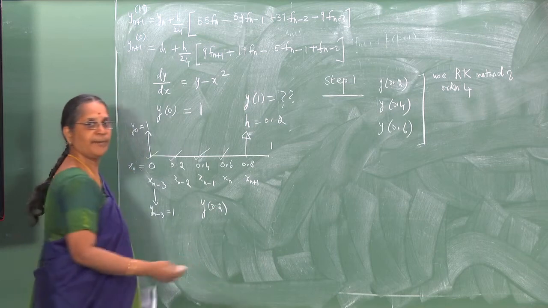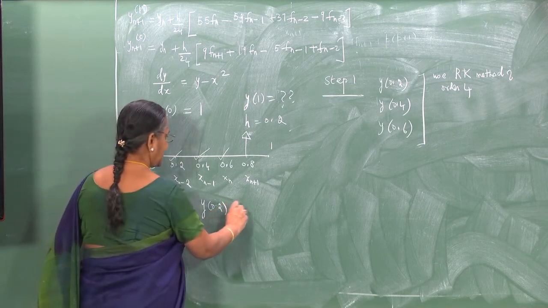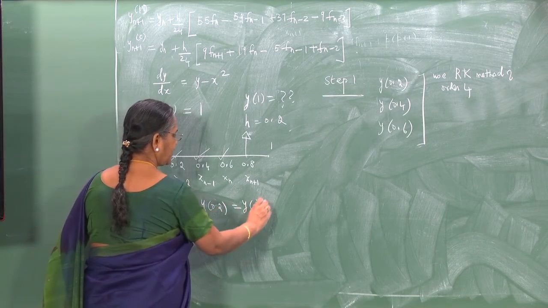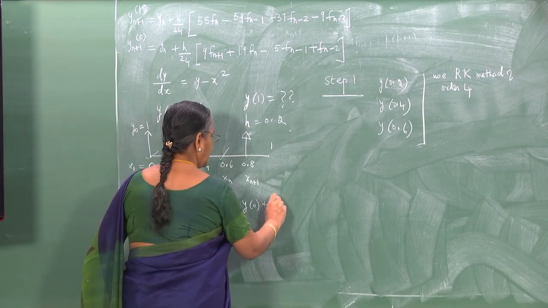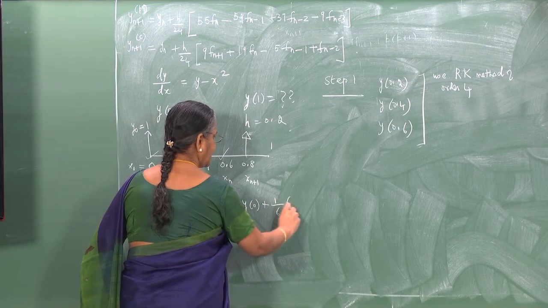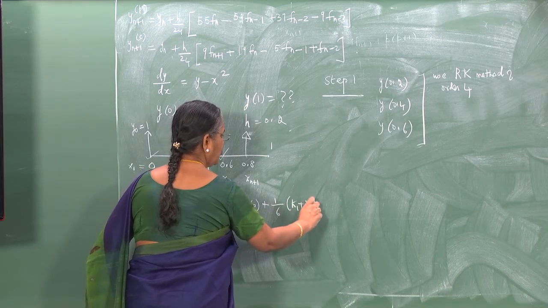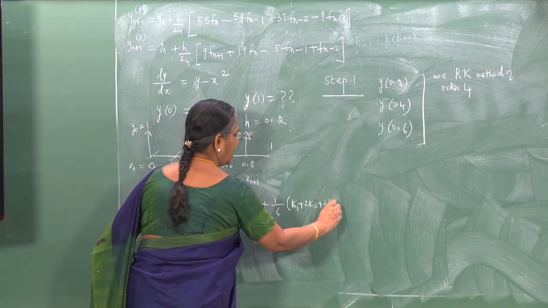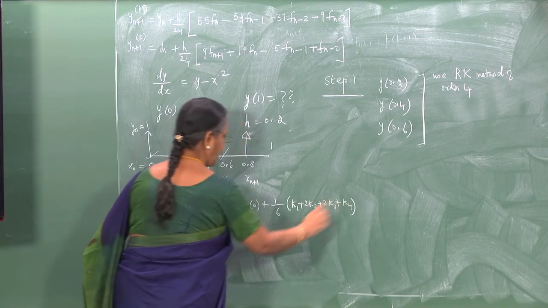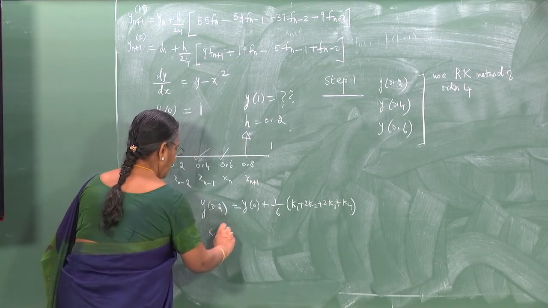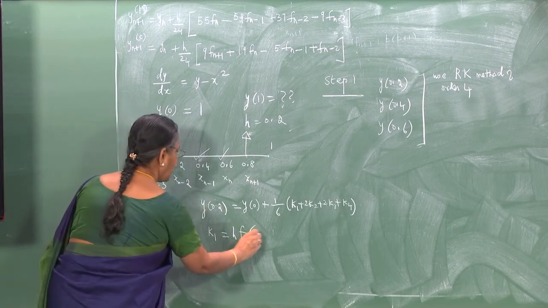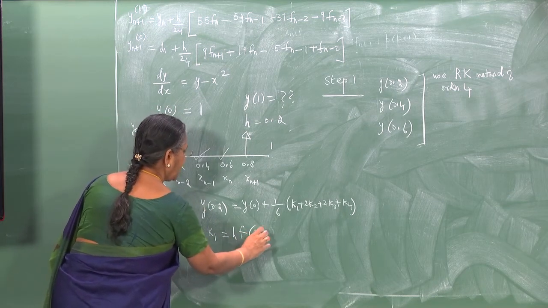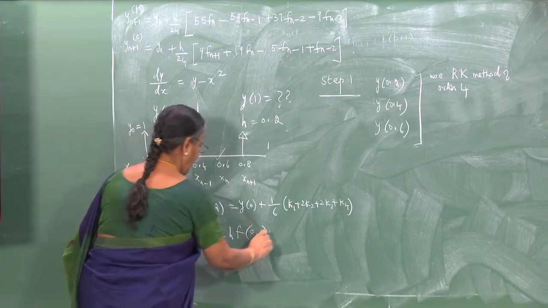What does Runge-Kutta method of order 4 say? It says it is y at 0 plus 1 by 6 into k1 plus 2k2 plus 2k3 plus k4. What is k1? K1 is h into f of x naught, y naught. What is y naught? It is 1.